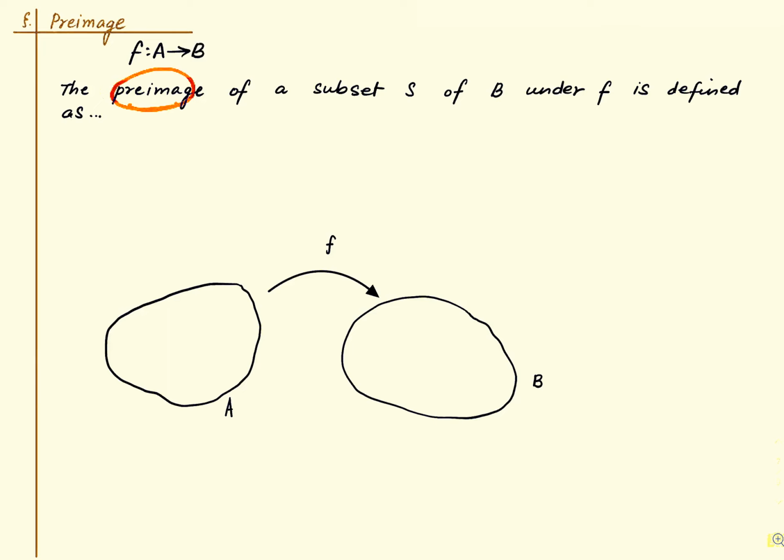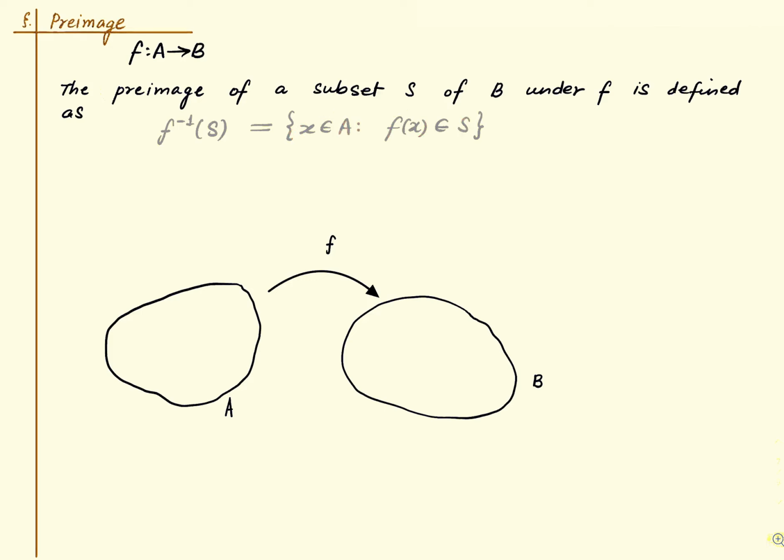And the preimage of a subset S of B under the function f is defined as, the notation is this, and the definition is all those elements in A which map to S. Sorry, I was defining the preimage of S, not the preimage of B. So all the elements of A which map to S under f. Right? All the elements of A such that when you apply f to them, you get something in S.